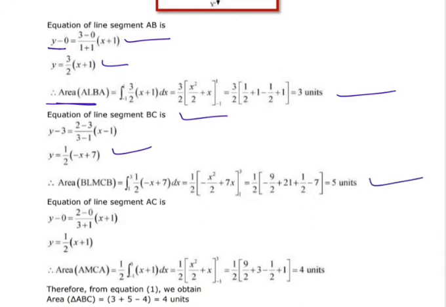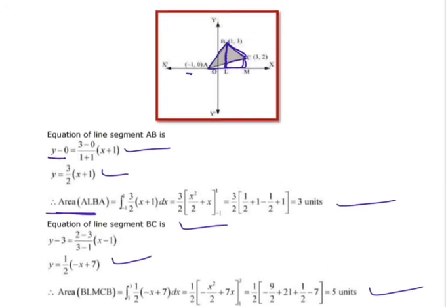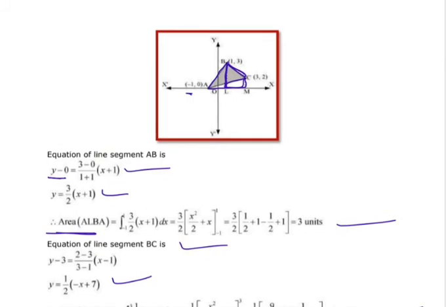So the equation of line segment AC finally, which is equal to y minus 0, that is 2 minus 0 by 3 plus 1, that is x plus 1, that is y equals 1 by 2 x plus 1, we get here, line segment AC. So just substitute the values here, x1 y1, x2 y2, x3 y3.